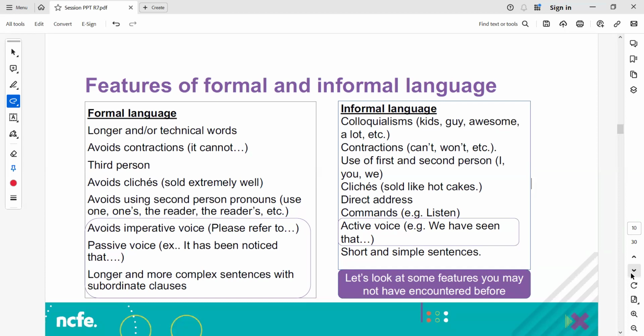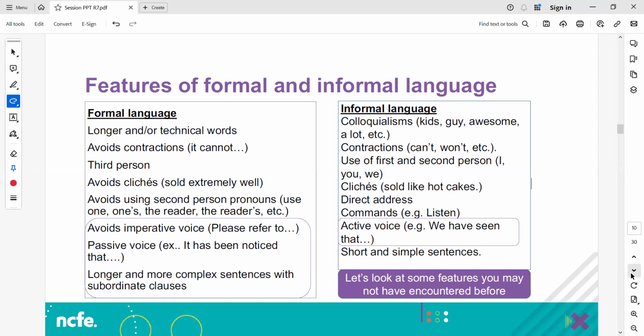It avoids using second person pronouns. So rather than using "you", it would use "one", "the reader", and so on. It avoids the imperative voice.